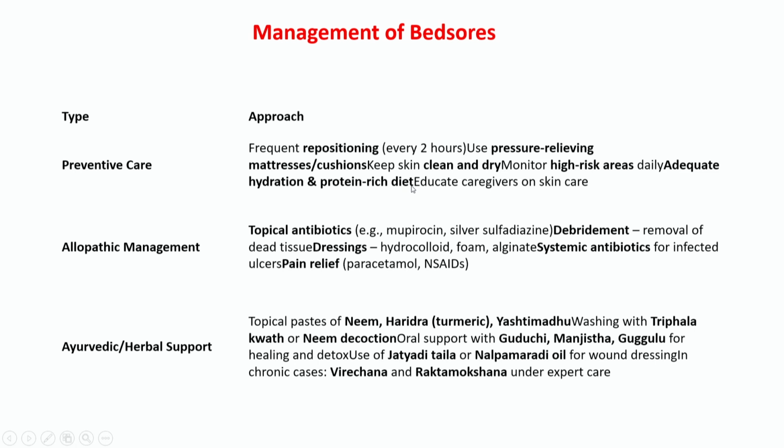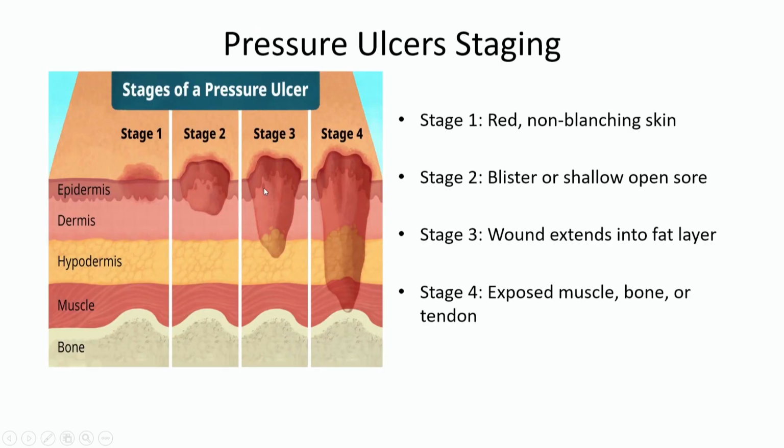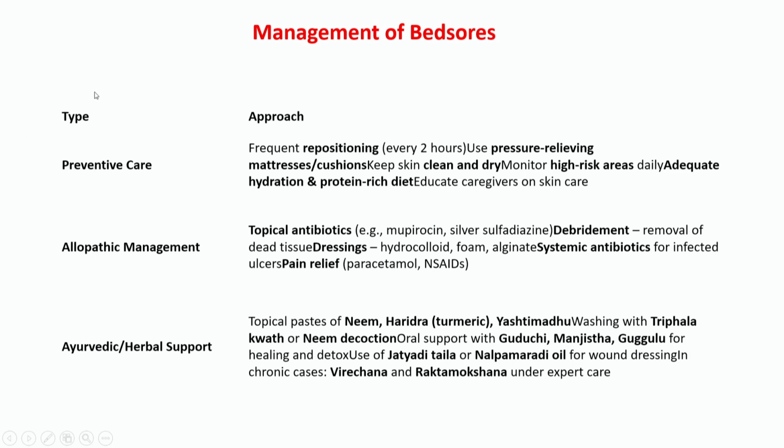And lastly, educate the caregiver on skin care. The caregiver should observe the pressure points of the patient every day, whether there is any redness, and what the stage is. This is the prevention. It should not happen at all. Then it's called preventive care.